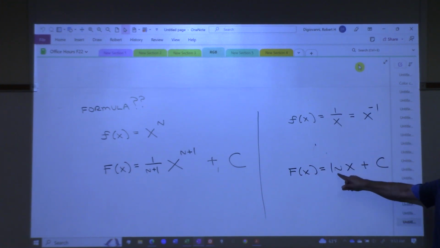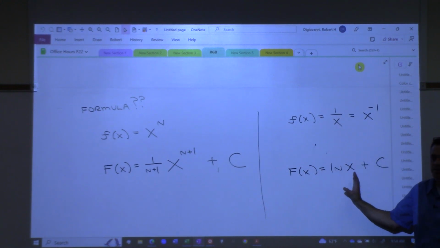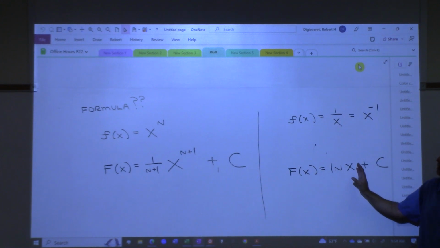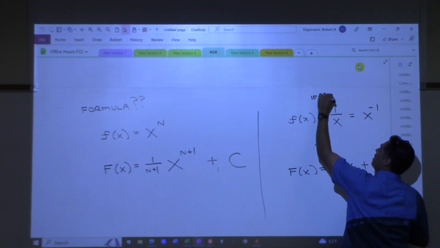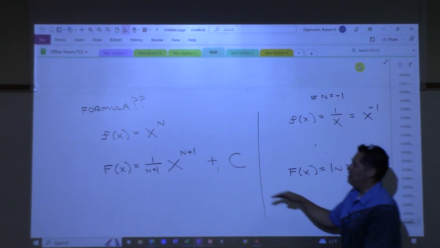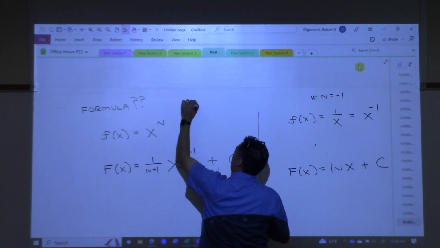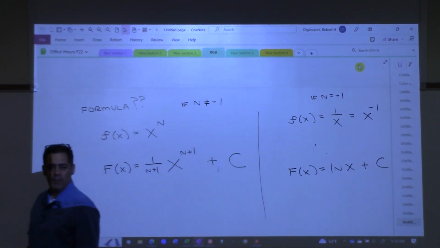See, if you take the derivative of the natural log, what do you get? 1 over x. And so this is kind of a special case. If the n we have is negative 1, so if n is equal to negative 1, then we have this scenario, don't we? This is if n is not negative 1. This will work every other time.